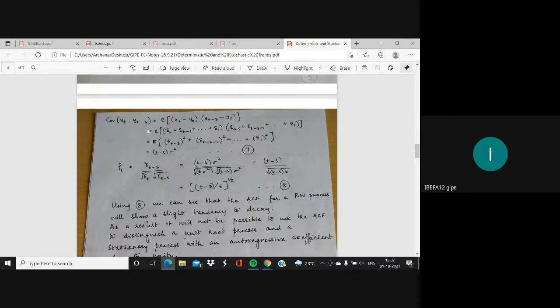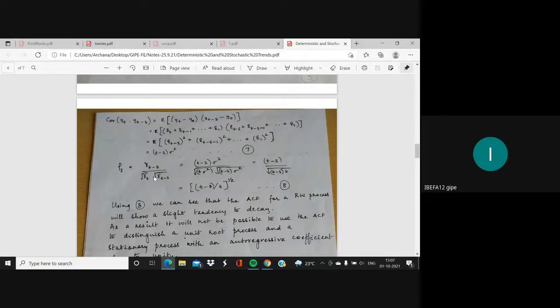So for a random walk process, if you want to calculate the autocorrelation coefficient, you will take the autocovariance at lag t minus s. Then you use these two here, the variances; since you are taking the square root of the variance, it will be the standard deviation.